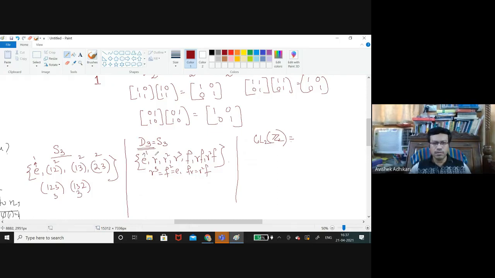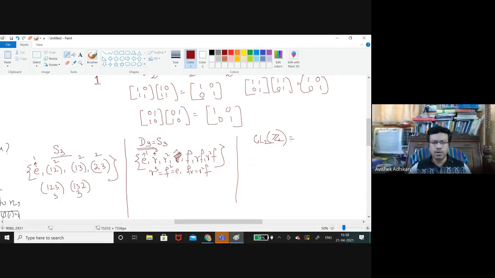Then what was the order of this element? It was 1. What was the order of R? It was 3. What was the order of R square? Can somebody tell me? Okay, so I think R cube won't be here. R cube is already E. 1, 2, 3, 4, 5, 6. Yes, I did a mistake. R cube wasn't there.